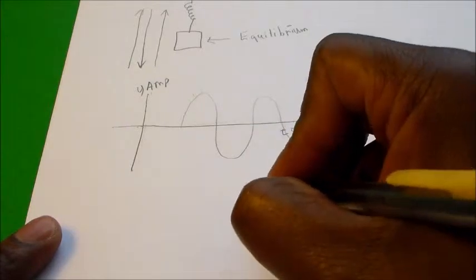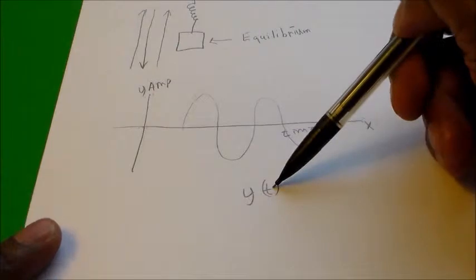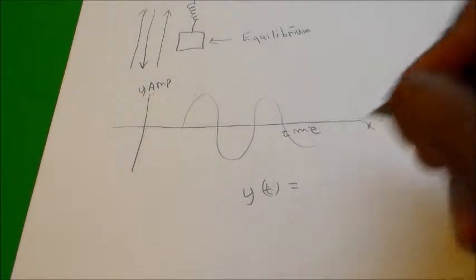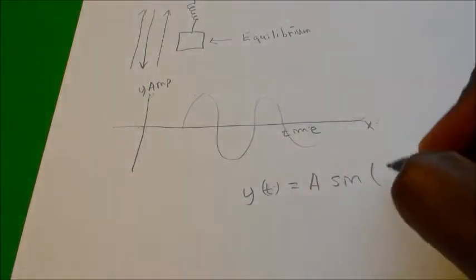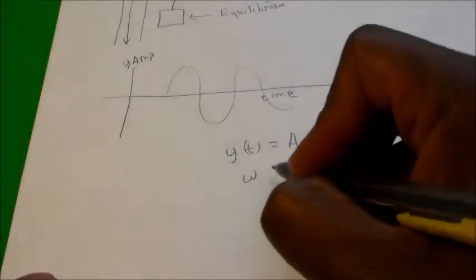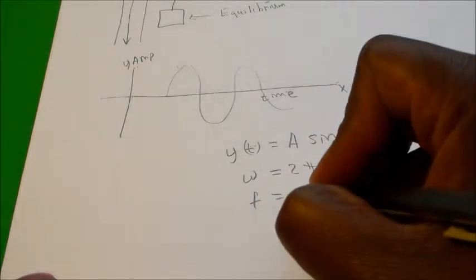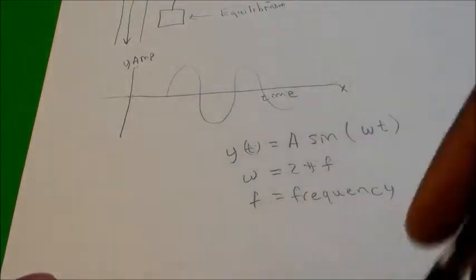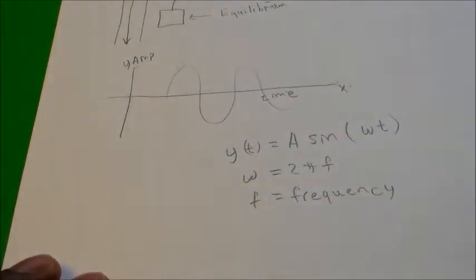So let's say that y as a function of time is equal to some amplitude A times sine of omega t, where omega is equal to 2 pi f, and by the way, f is equal to the frequency at which the cyclical phenomenon is moving up and down. We call omega the angular frequency.